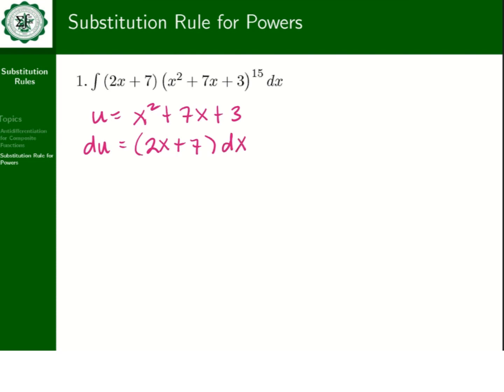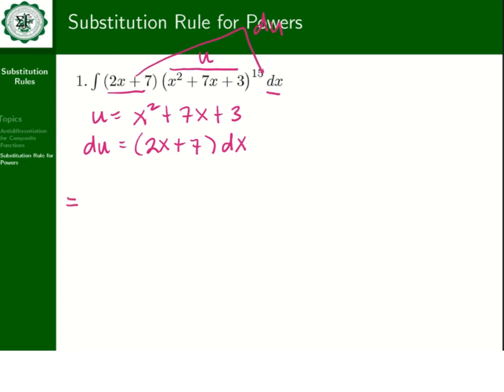So for substitution rule for powers to work, we need to be able to express our given to the form u to the n du. So this base here is going to be replaced by u, and then notice that du is also found in our given. So we have 2x plus 7 dx together will be our du.